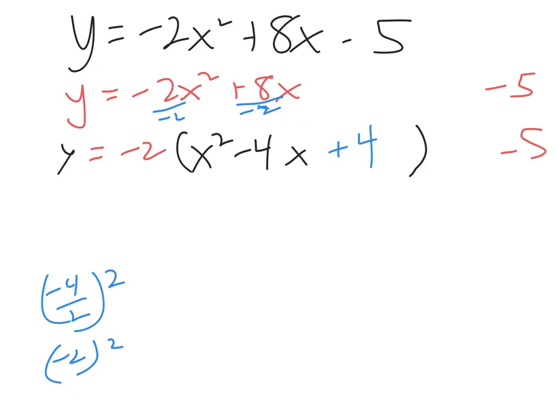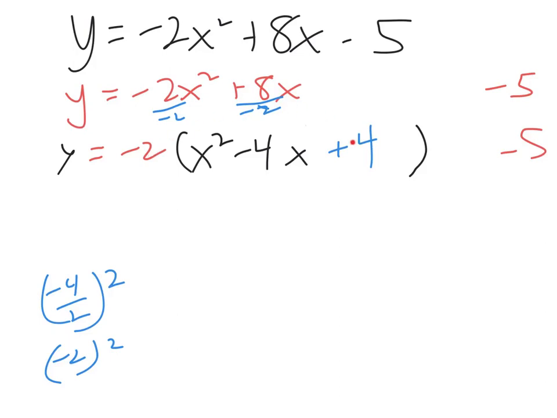The problem is, this 4 that we put inside the parentheses to complete the square is still being multiplied by this -2. So really what I just did is I didn't add 4. I added -8 because -2 is being multiplied by +4.